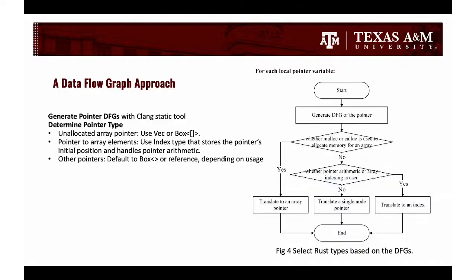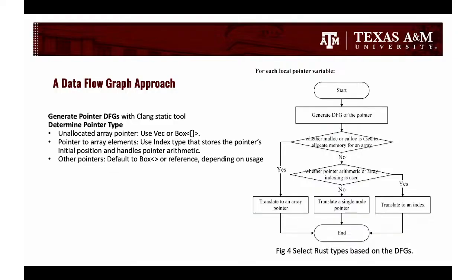After using Clang's static analysis tool to create a data flow graph outlining key pointer operations such as memory allocation or pointer arithmetic, we feed the pointer declaration and its data flow graph to the LLM, which decides among a Box of slice, reference, Vec, Box, or index.